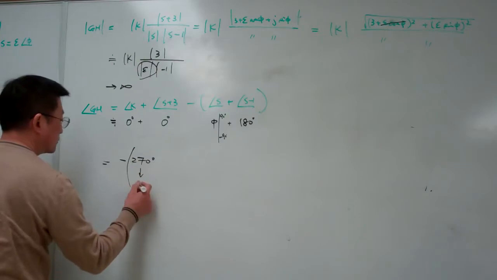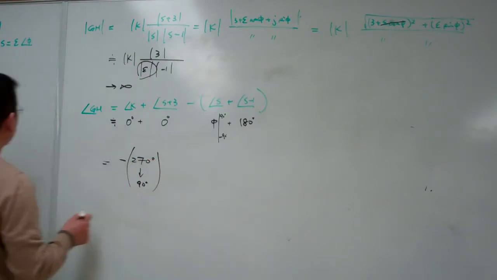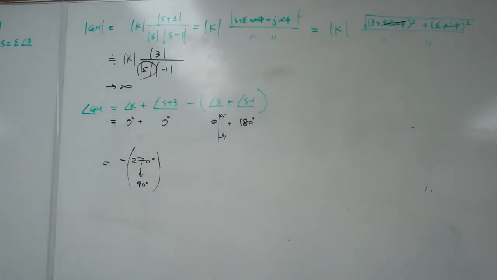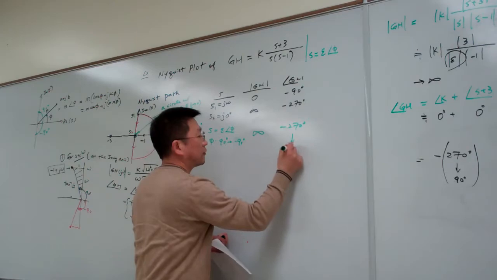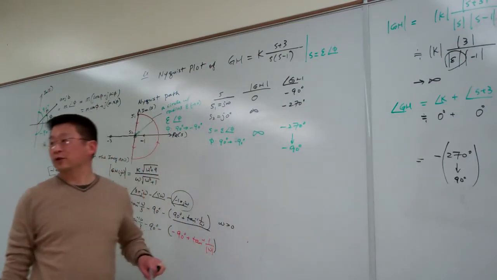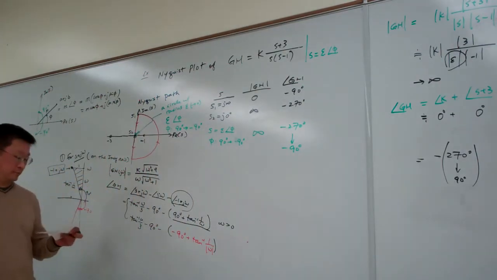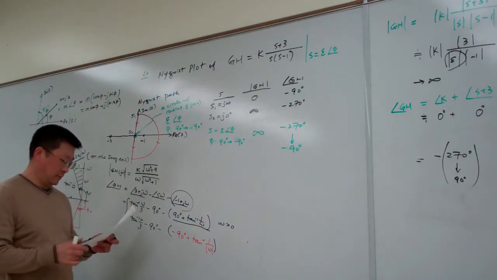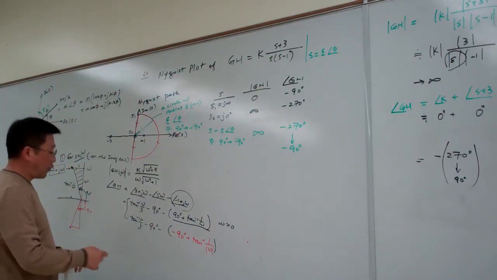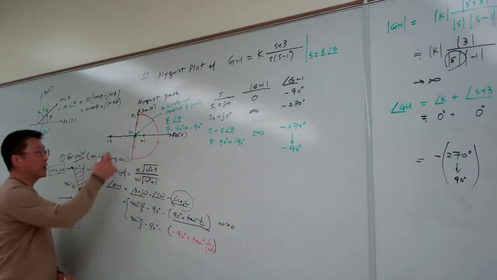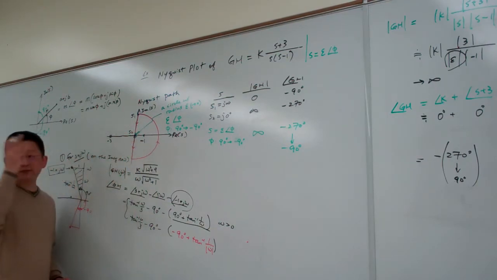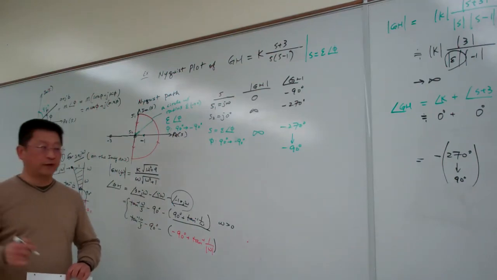Minus. Okay, so basically from this way we conclude it is changing from minus 270 degrees to minus 90 degrees. You good? Okay, so once we've done this one, then again we can apply the symmetries and ignore the lower portion. Basically that will be repeated, simply reflected.